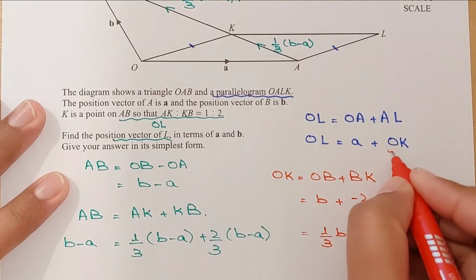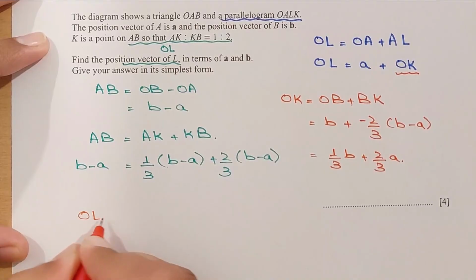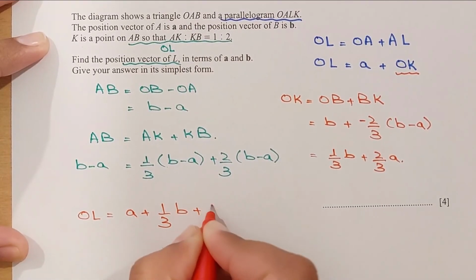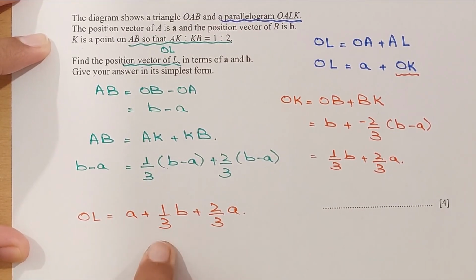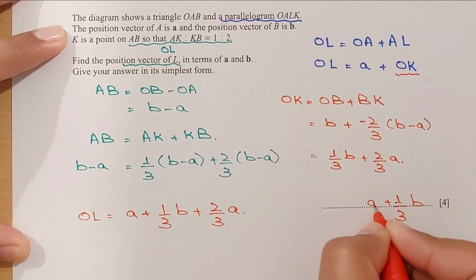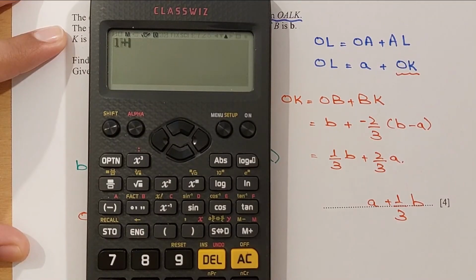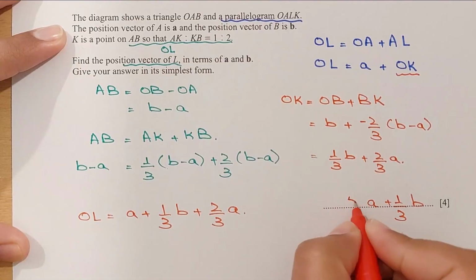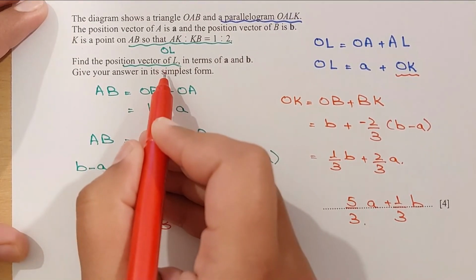Putting OK over here, we get OL equals a plus 1/3 b plus 2/3 a. Now let me solve. For a, 1 plus 2/3 is 5/3, so 5/3 a plus 1/3 b is the position vector of L.